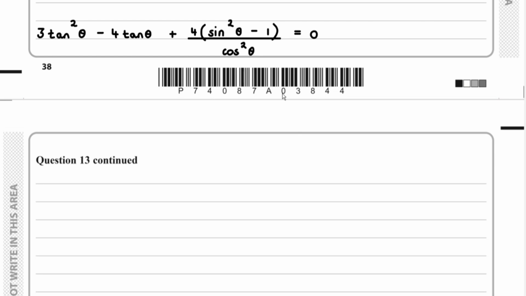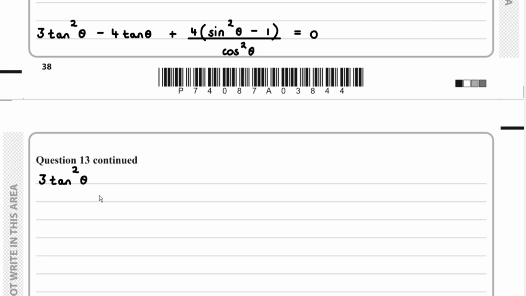Now sine squared theta subtract 1 is negative cos squared theta, and then we have to multiply by the positive 4.